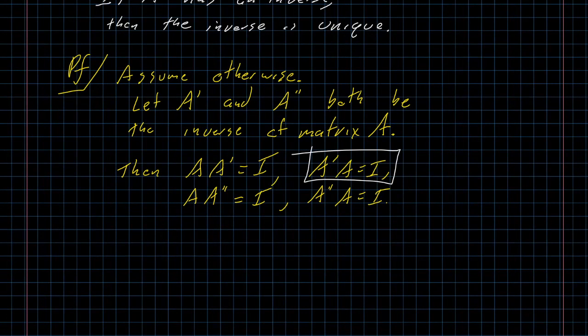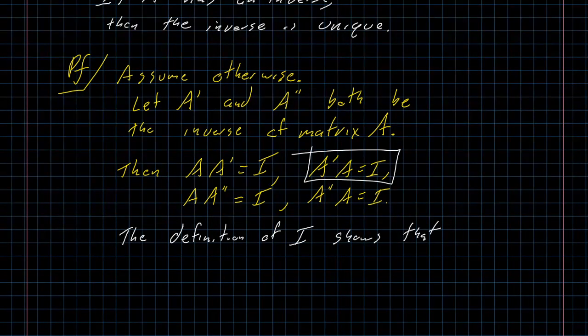A prime times A is equal to I. Now, the definition of the identity matrix, we've proved previously that if you take the identity matrix I and multiply it times any matrix, for example, A double prime, you get back the matrix you multiplied.